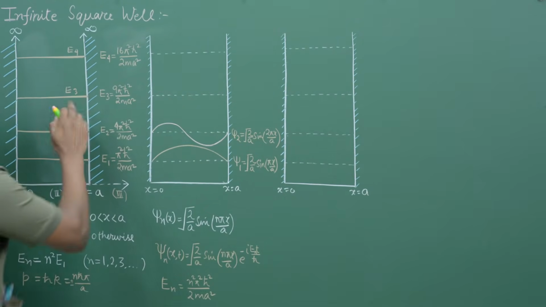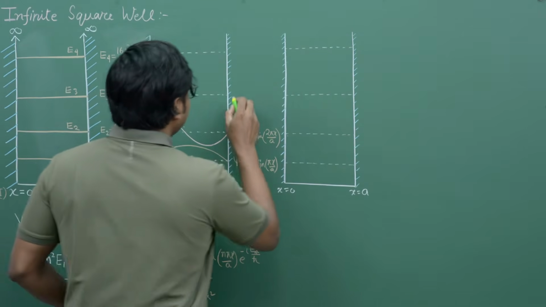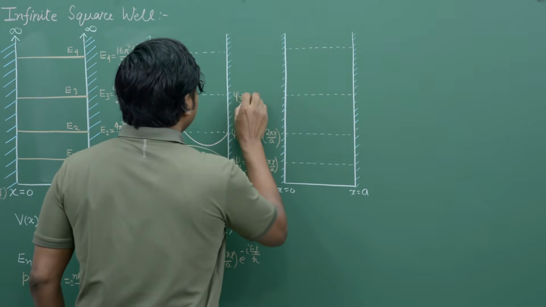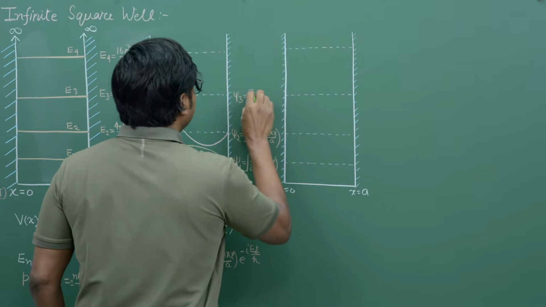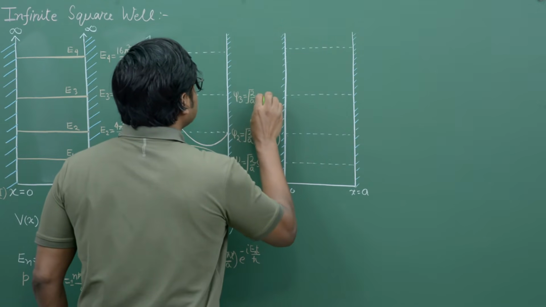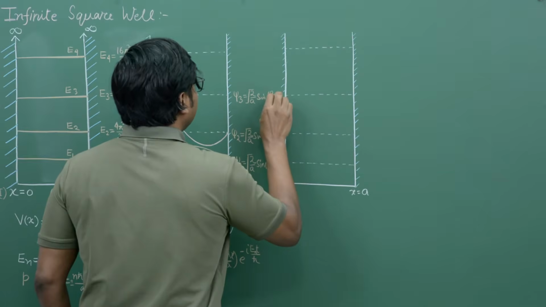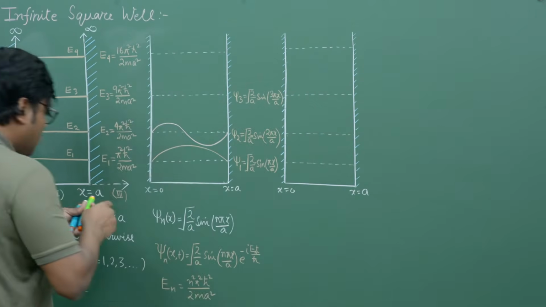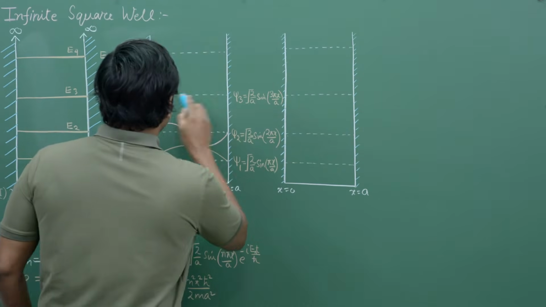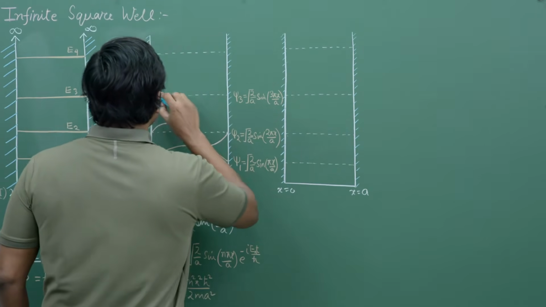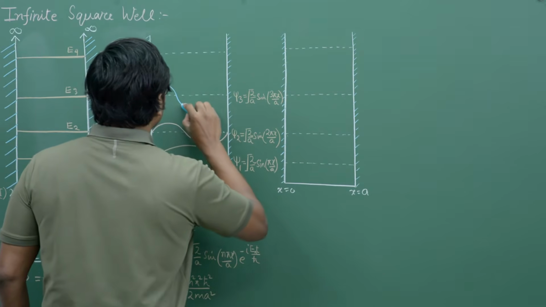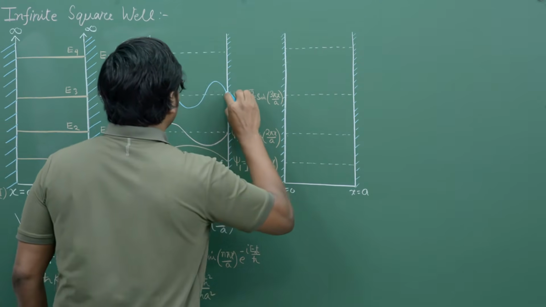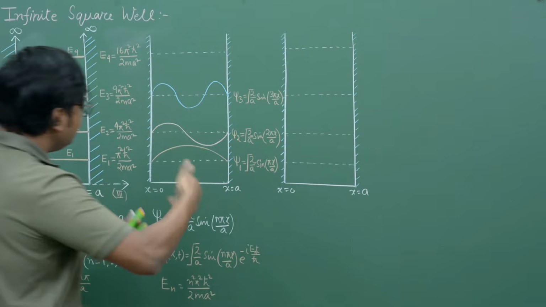For a particle in energy level E3, I'm going to have psi 3 equal to root over 2 upon a sine 3 pi x upon a, which is going to look something like this. Okay, and again it keeps on going on and on.